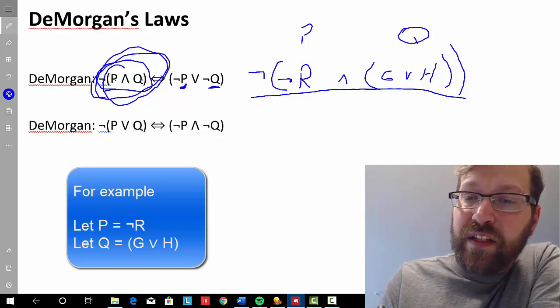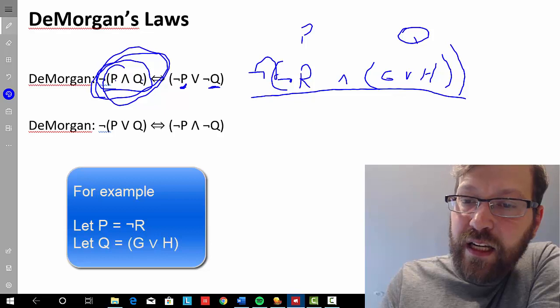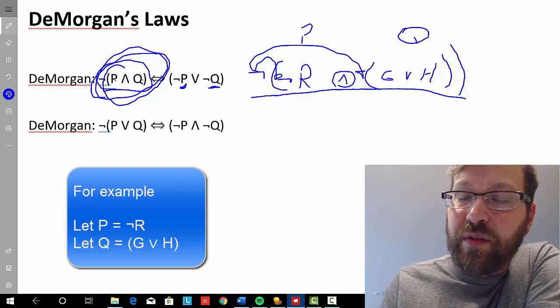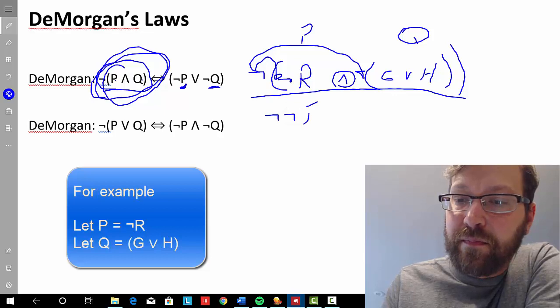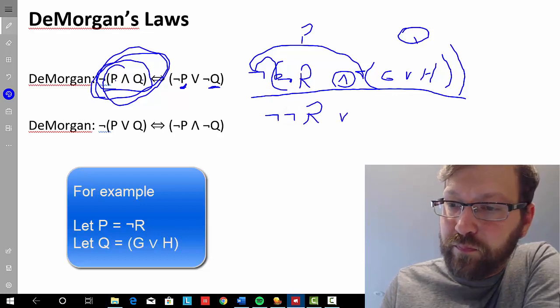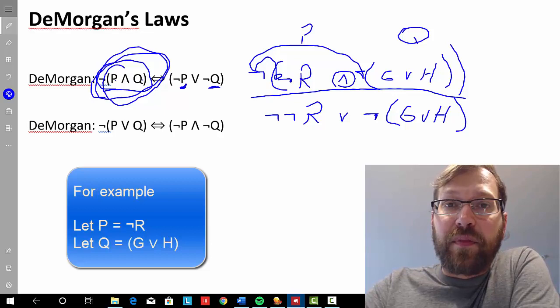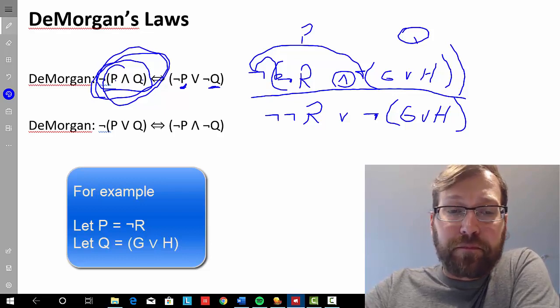So we distribute this negation in here and here, and switch the conjunction symbol out to our disjunction symbol, and we end up with a sentence like this. And that sentence will mean the very same as the previous sentence that we started with.